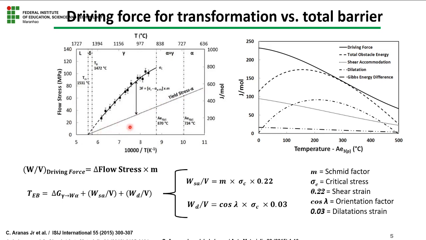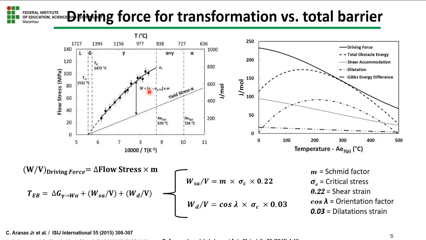When you calculate the critical stress for the onset of dynamic transformation, which I will explain later, we saw that inside the austenite phase field we had this result. So when you make the line, we have this behavior over here.